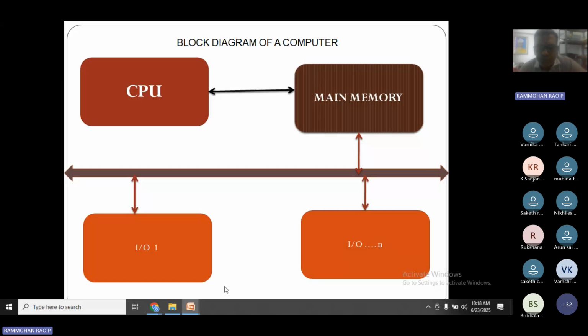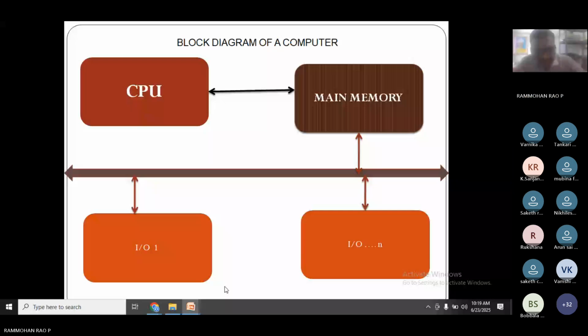Instead of that, we store our data and instructions in a place, and the CPU will access the data and instructions from that place, process them, and write the results back to the same place, main memory. Friends, this electronic computer is the one we are using even today, and that's the reason John von Neumann is called the father of the electronic computer, right?